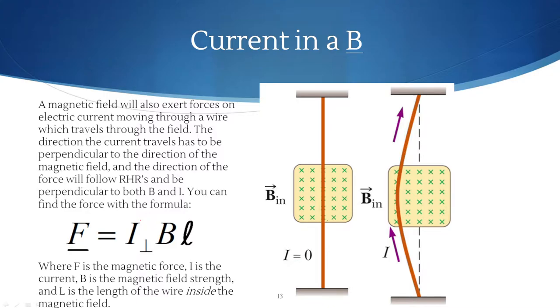I equals 0, no current going through this wire. In this second picture, current is moving vertically up the wire, so there is a flow of current. It's pointing in this direction. If we take our right-hand rules, current flow up, magnetic field into the board, that means that our force is going to point towards the left.